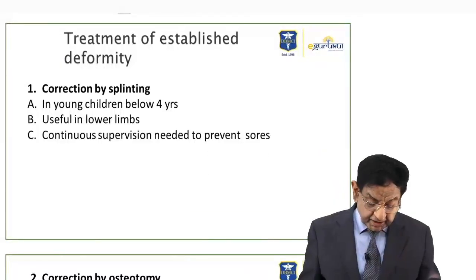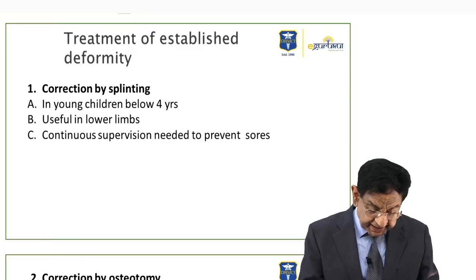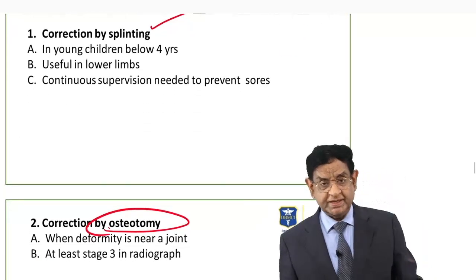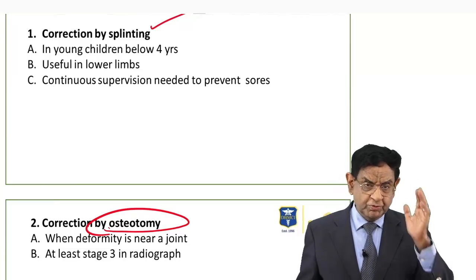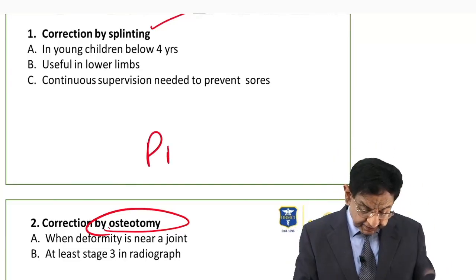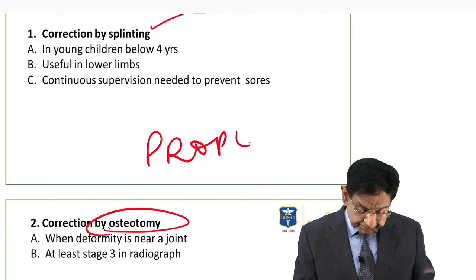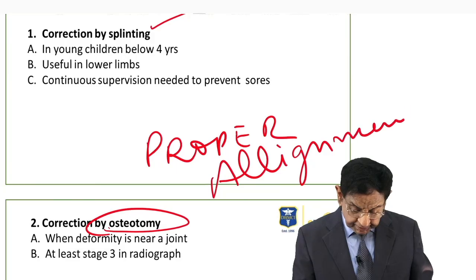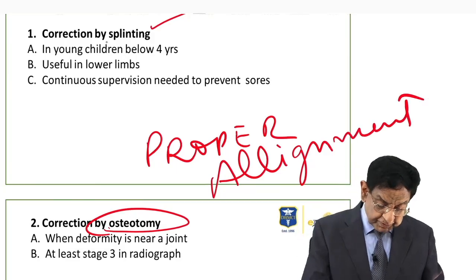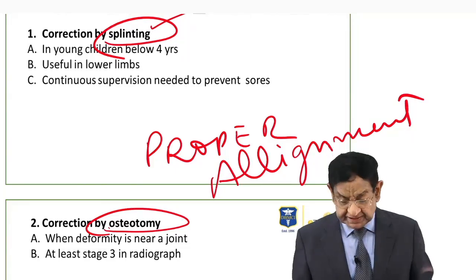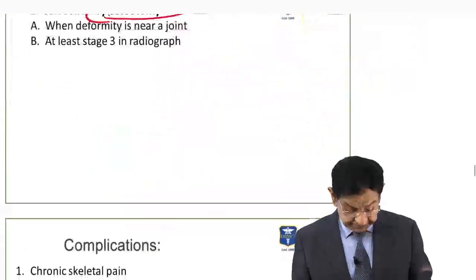Now for treatment of established deformity, again you can use splinting or we can do osteotomy. Osteotomy, you remove a part of the bone and you make the proper alignment. So the two keywords are splinting and osteotomy in this particular slide.